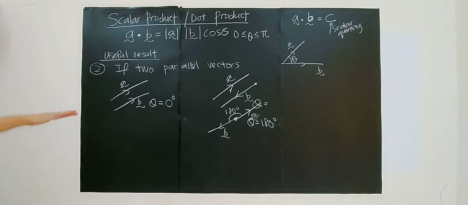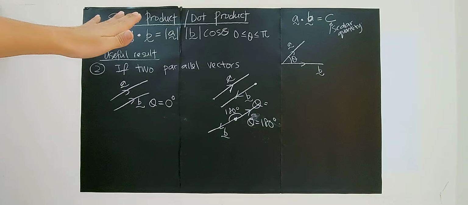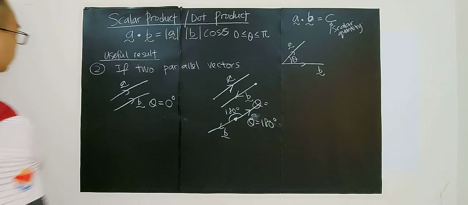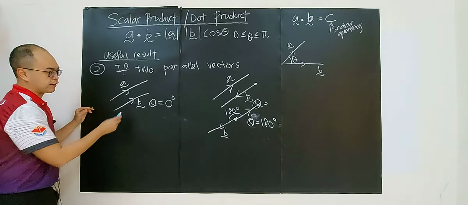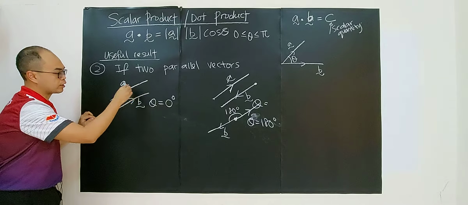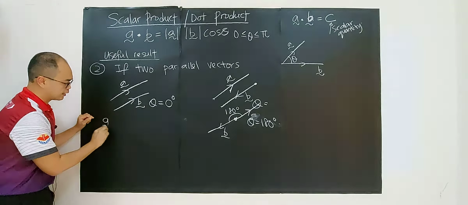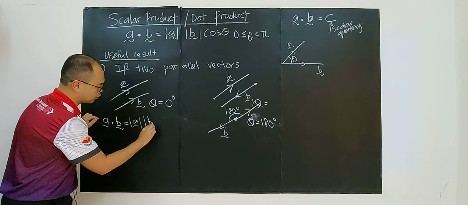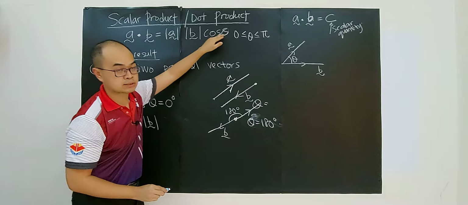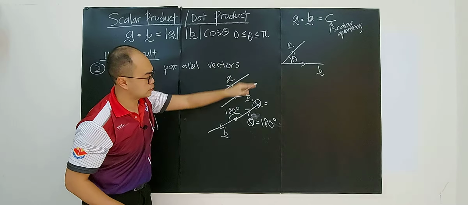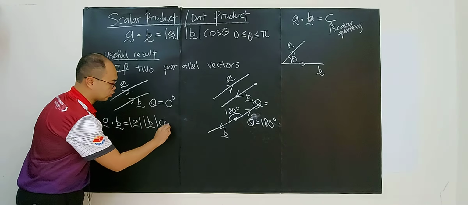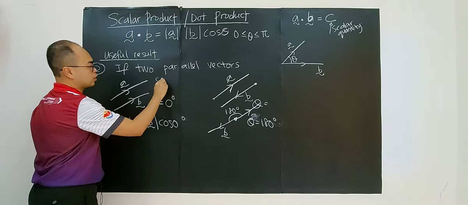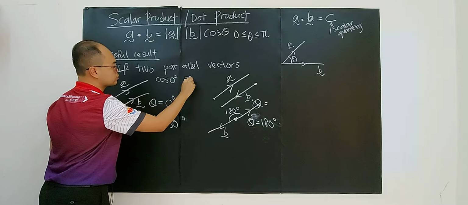So using this definition, we conclude an important result. If they have the same direction, when they are parallel, A dot B is the same as magnitude of A, magnitude of B. I just replace theta with 0 degrees, cos 0, and the value of cos 0 degrees is 1.